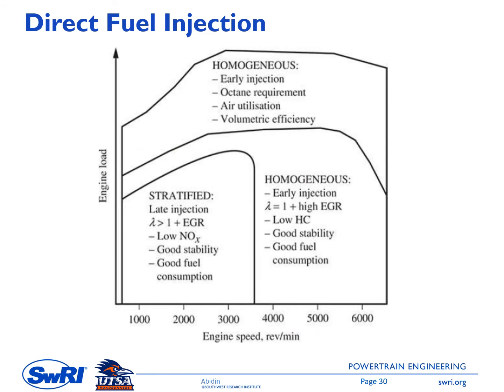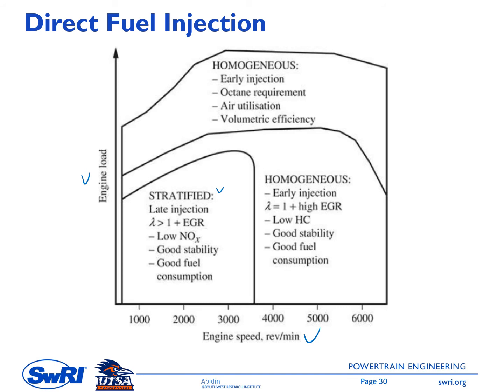This is a typical stratified GDI engine operating map with different operating regimes. Let's look at them one by one. On the horizontal axis, we have the engine speed, and on the vertical axis, we have the engine load. For a part load operating condition and at low engine speed, usually we have a stratified mixture operating condition.